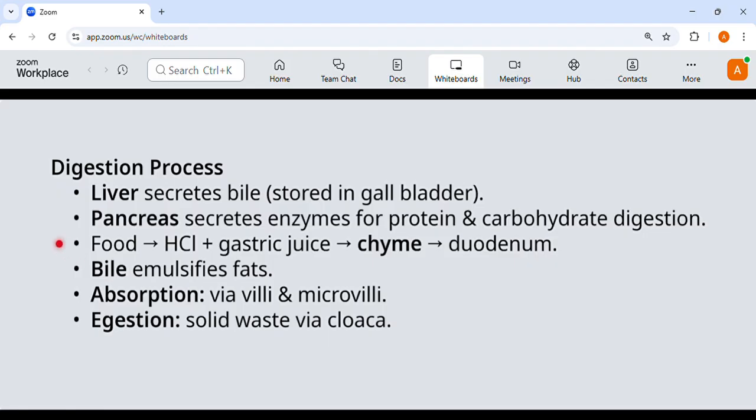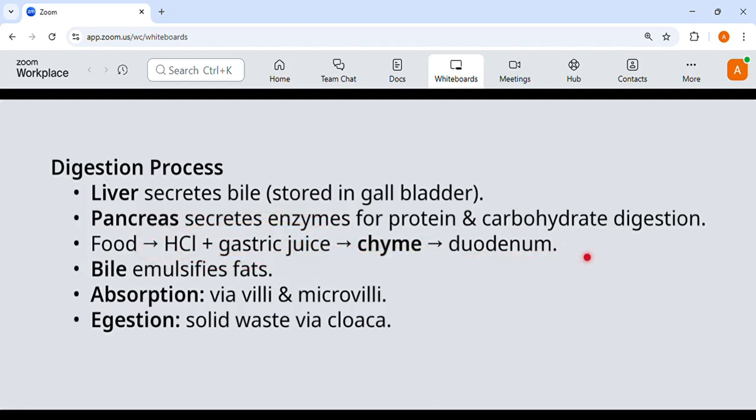With the help of the bilobed tongue, food gets into the mouth, which mixes with HCl and gastric juices in the stomach. This happens in the stomach and leads to the chyme. What is chyme? When food mixes with gastric juices, it is known as chyme, which reaches the intestine.